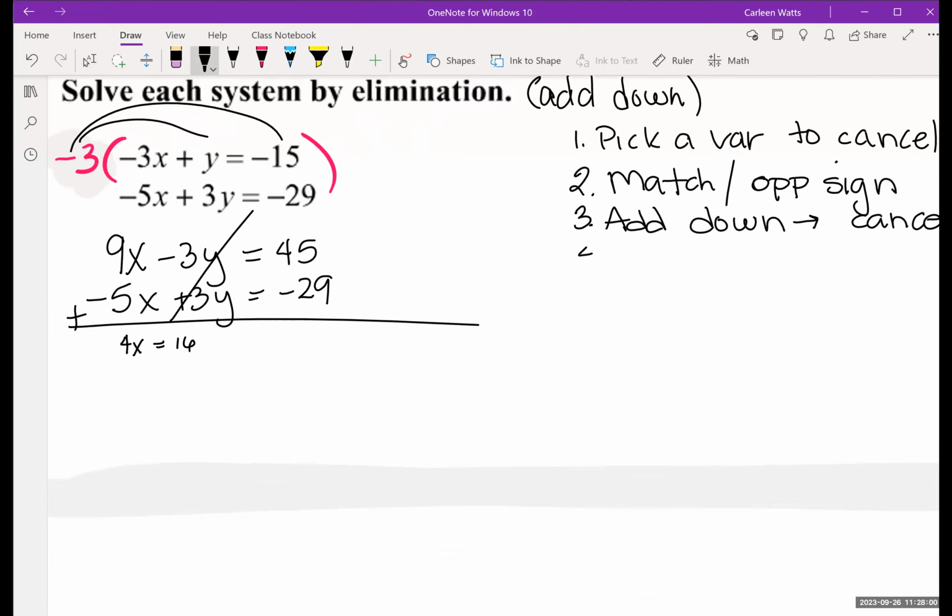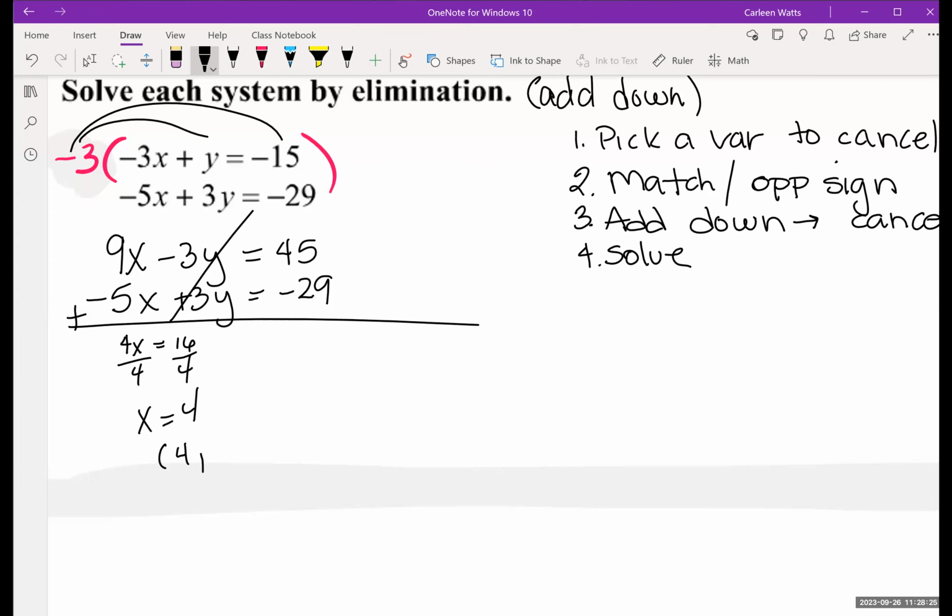Add down and solve. Divide by 4. X is equal to 4. So my ordered pair is 4, comma, I don't know.